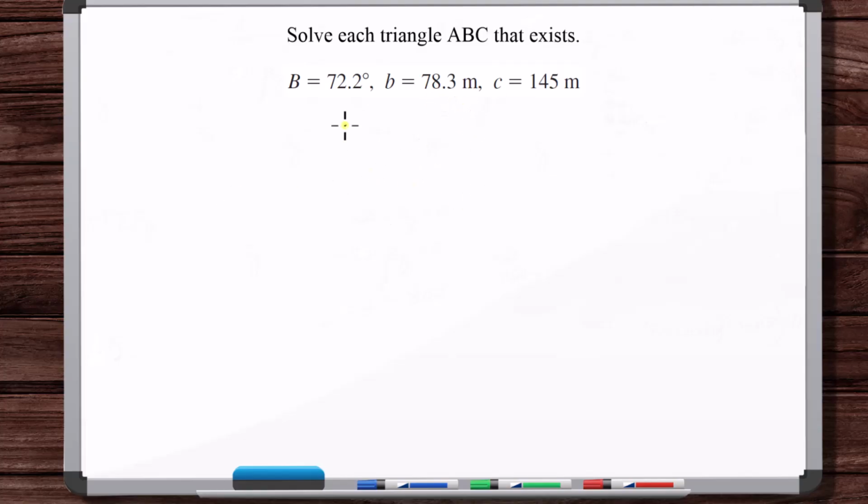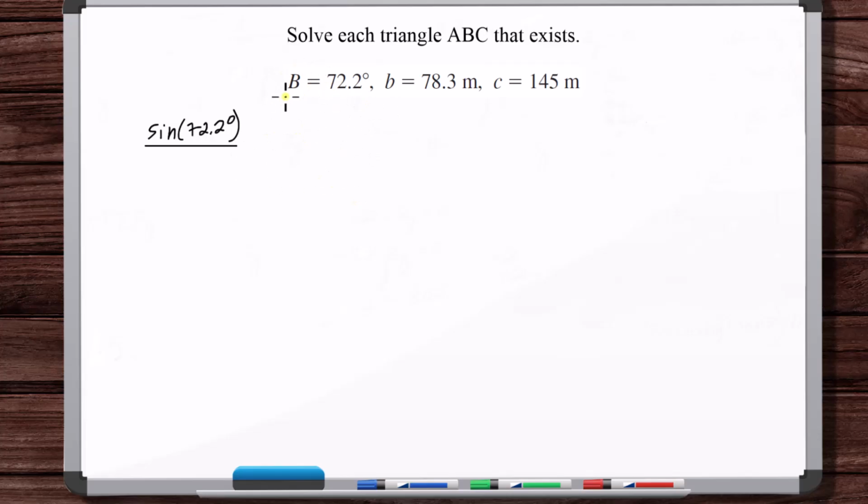So let's go ahead and do that right now. Since in the previous video we always drew the diagram first, let's do the law of sines first. So we've got sine of 72.2. Again, that notation's confusing because we're thinking angle B, but angle B is just a letter.